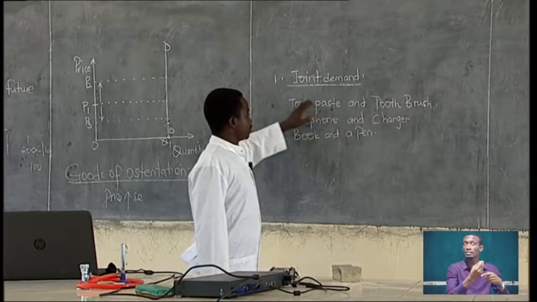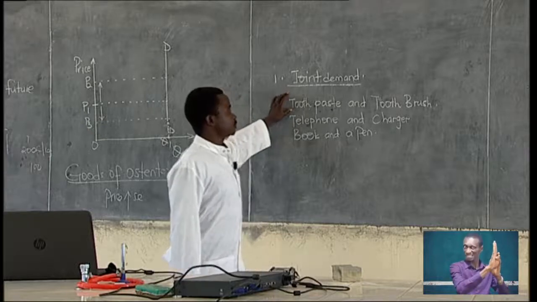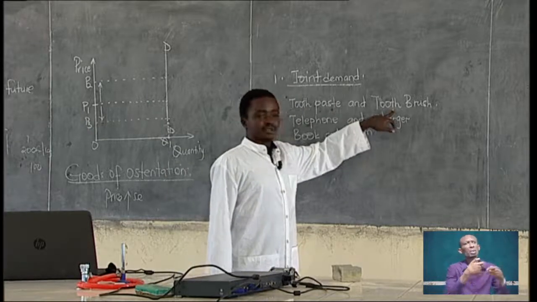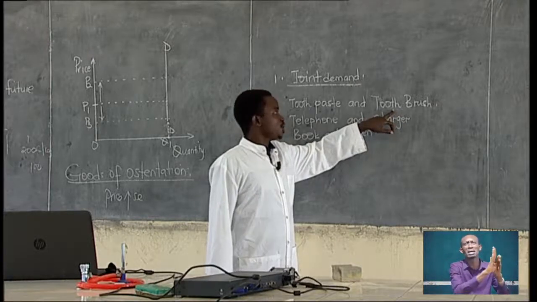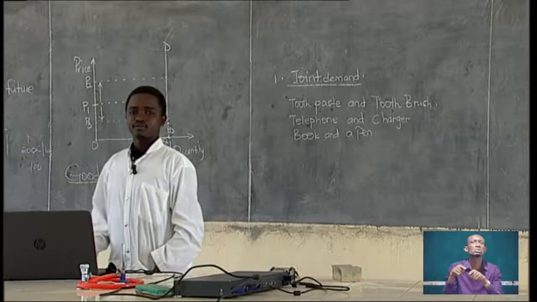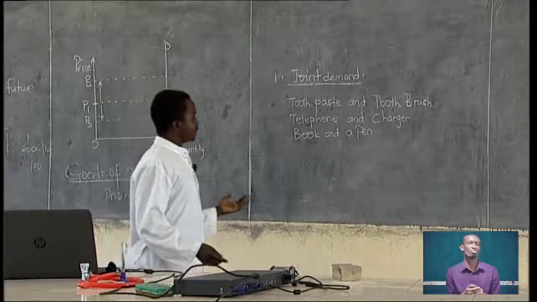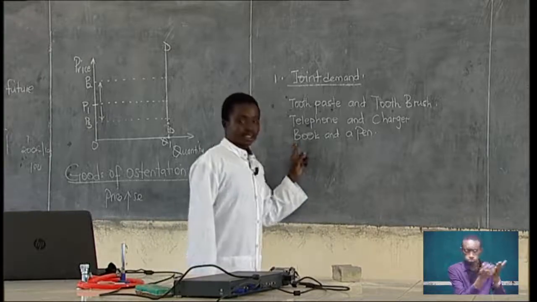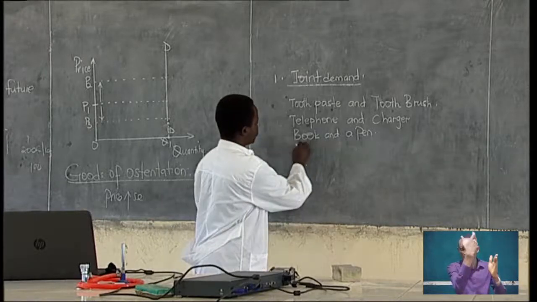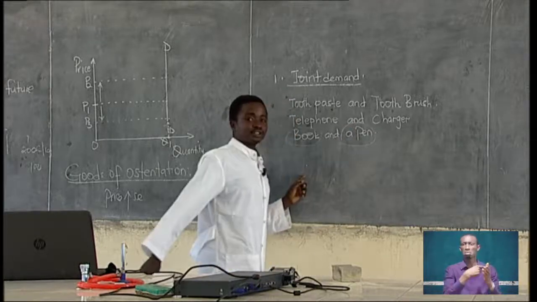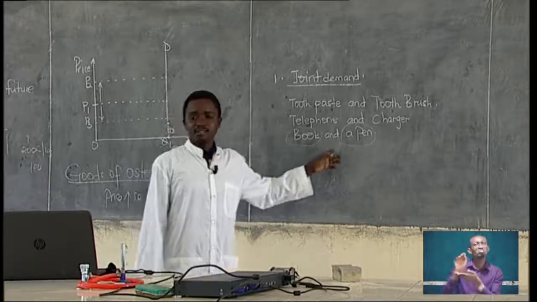Because if people can't afford toothpaste, they will not buy, and the market for toothbrush will fall. Or if there's an increase in the price of books, it means people cannot afford buying books, and therefore the demand for a pen will reduce.